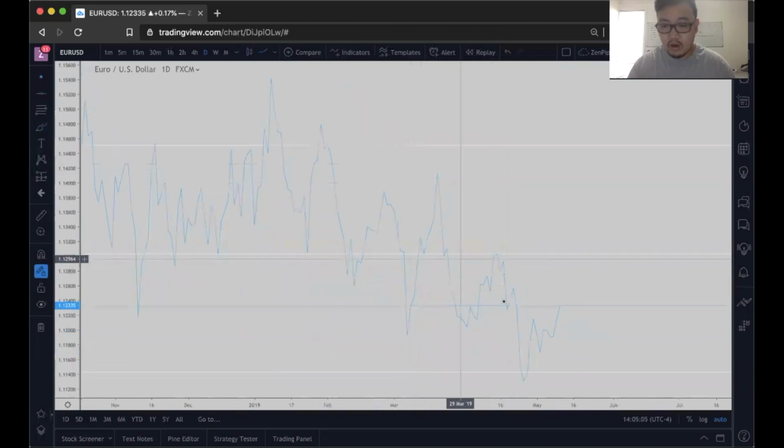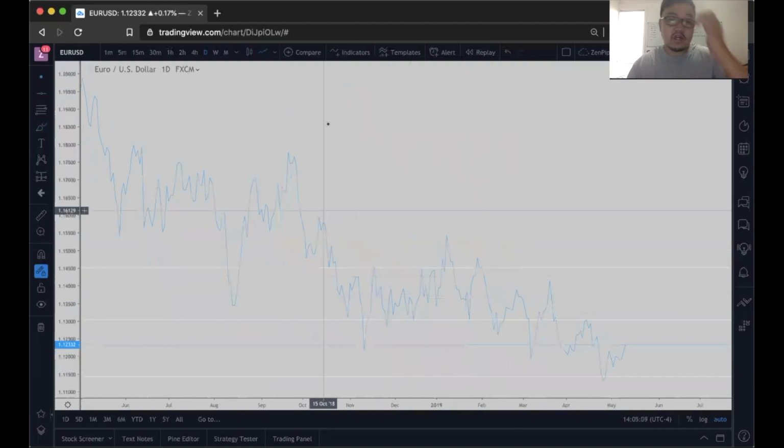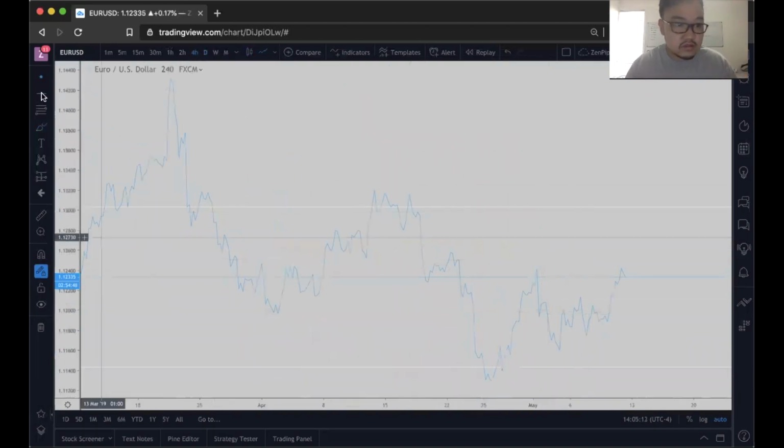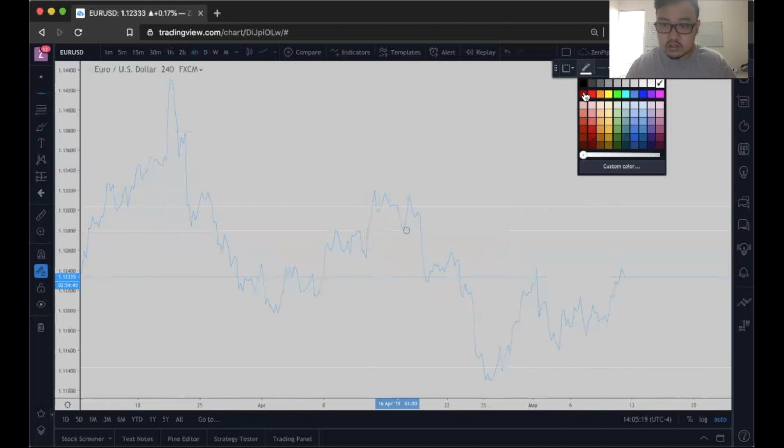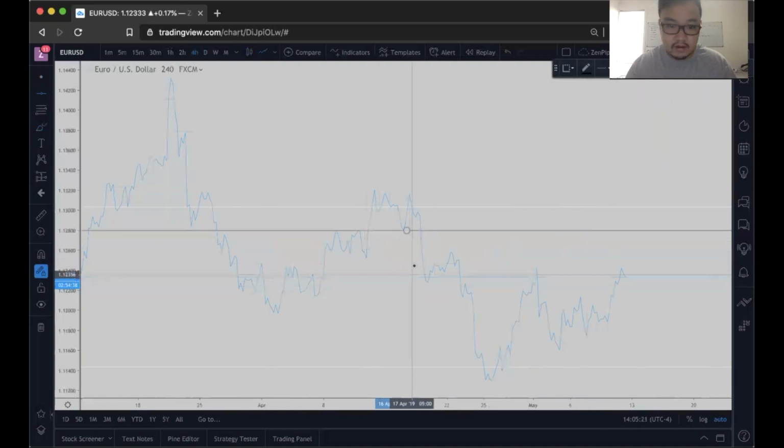Within these zones, there are obviously smaller ones. This is on a daily time frame. You can do this on the 4 hour. Let's do this right now. In the 4 hour, there are little zones too. Let's change the color to black. There are zones on the 4 hour, right there.